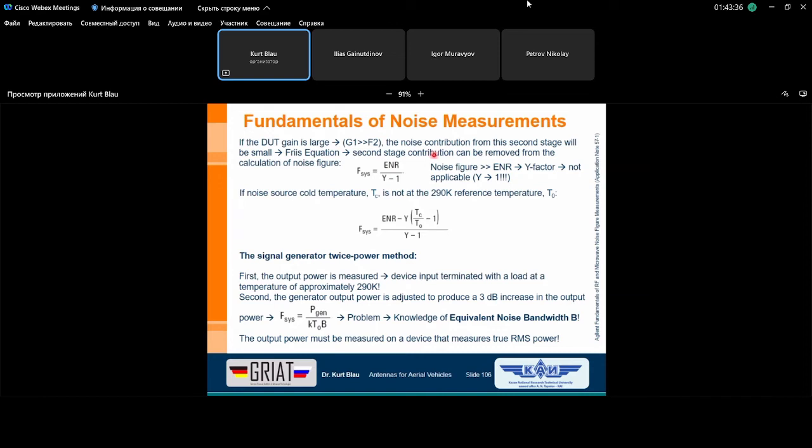Now, if we cannot apply our Y factor method, because the noise figure of the device is very, very high, or it's higher than the so-called excess noise ratio of our noise source here, this is, for instance, the case with power amplifiers, as opposed to the input amplifier of a receiver.